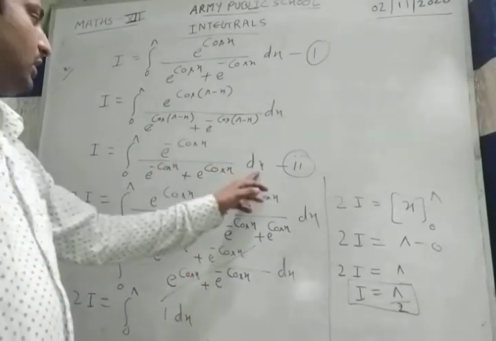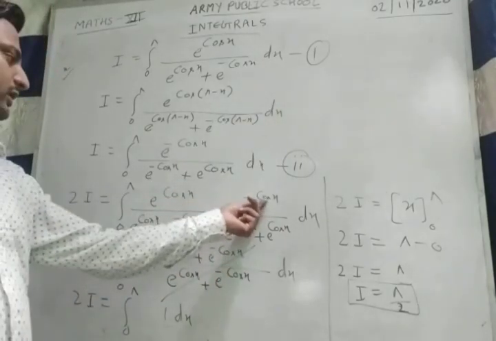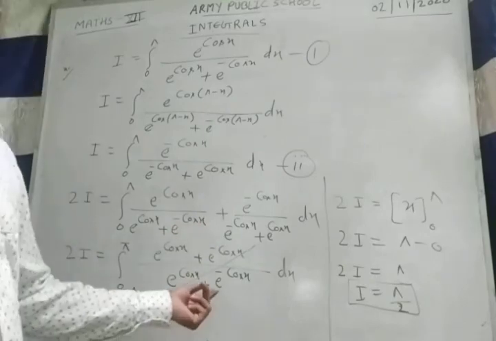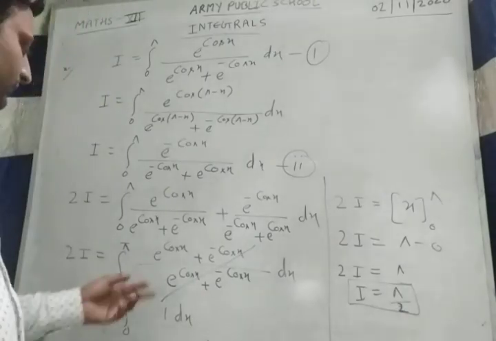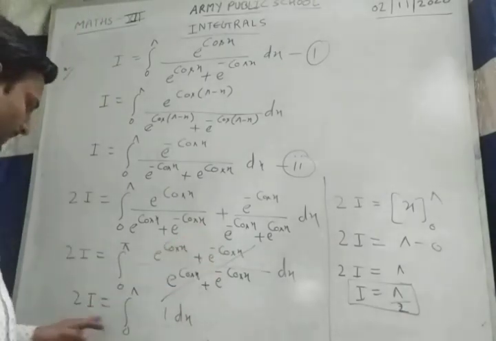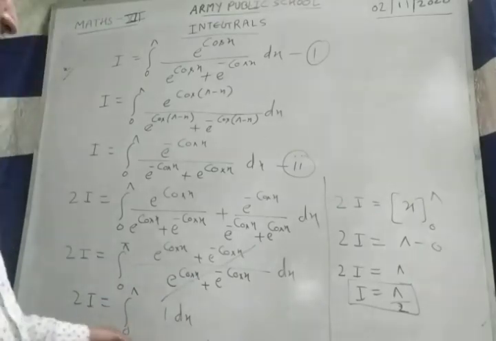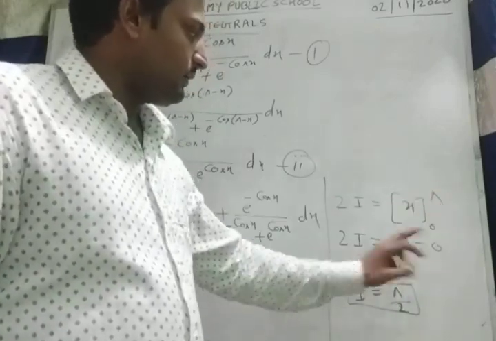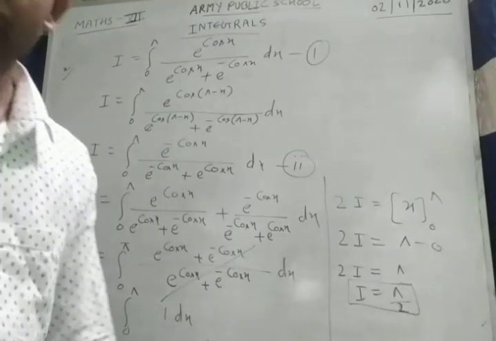Now add both, we get 2i with numerator e to the power cos x plus e to the power minus cos x, and denominator is the same, so e to the power cos x plus e to the power minus cos x will be cancelled. So 2i is equal to 0 to pi 1 dx. So I is equal to x, with limit 0 to pi, so here will be pi and we get I is equal to pi by 2. Okay. Thank you.